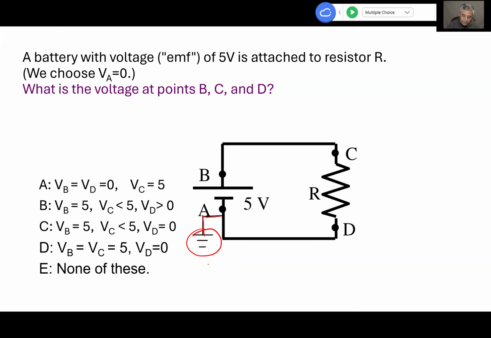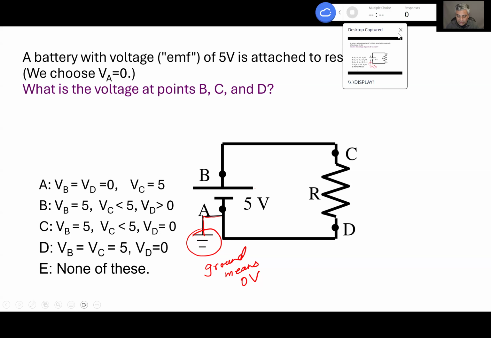This symbol is for ground, and that means over there is 0 volt. And on the other side, it is 5 volt. So it is a 5 volt battery that is attached to this circuit. So now with that said, I'll let you hold on this. I think a minute should be good enough for this.